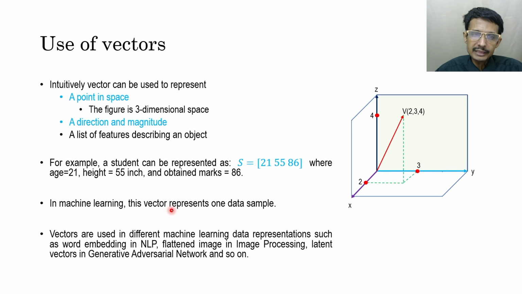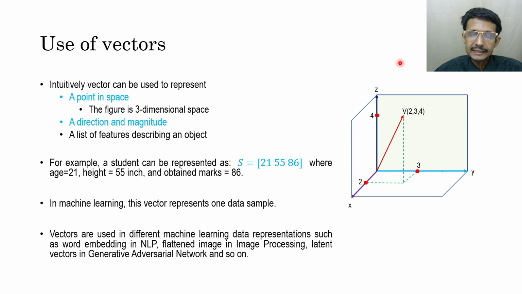So in machine learning, a vector represents one data sample. This is the usual representation. Vectors can also represent other machine learning data, such as word embeddings in natural language processing, and flattened images in image processing. An image is generally two-dimensional, in matrix format.